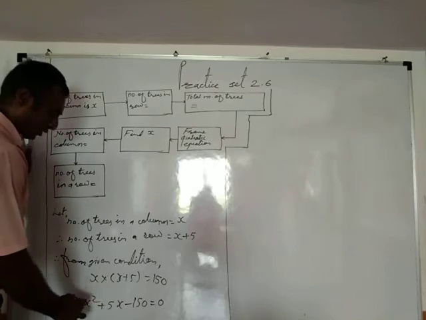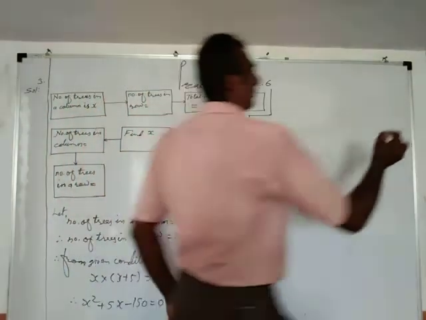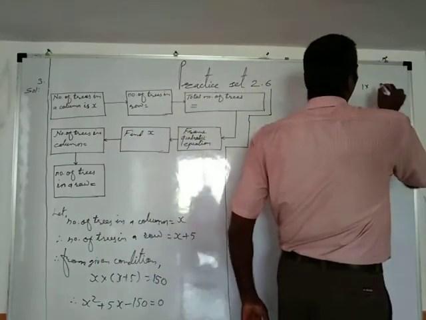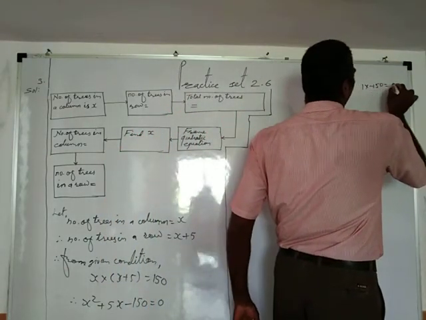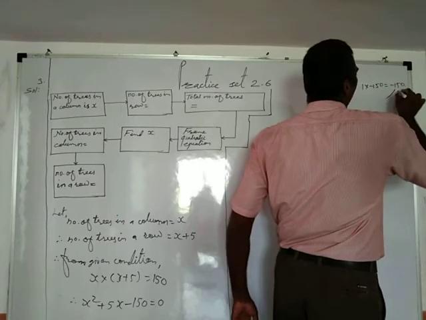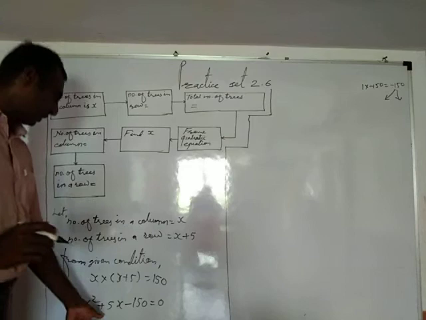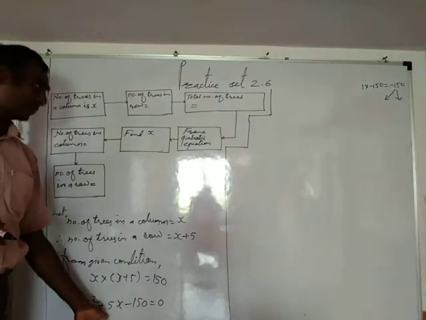Now coefficient of quadratic term is 1 into constant term is minus 150, their product is minus 150, and those minus 150 must be factorized such that their addition must be coefficient of linear term, which is 5.